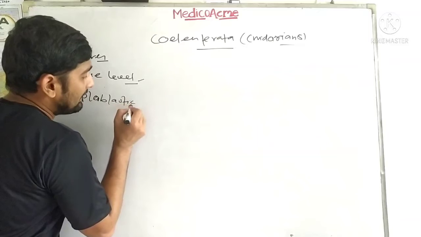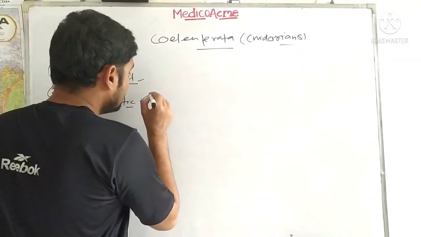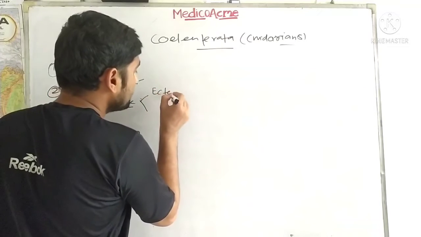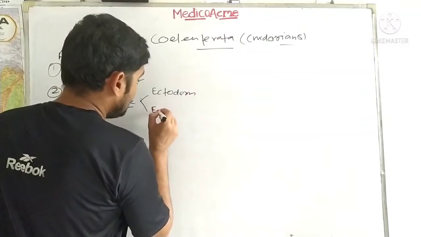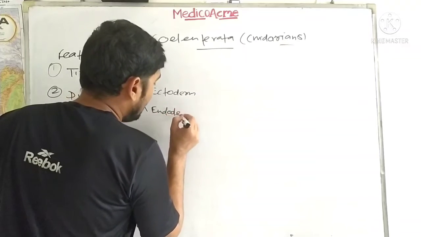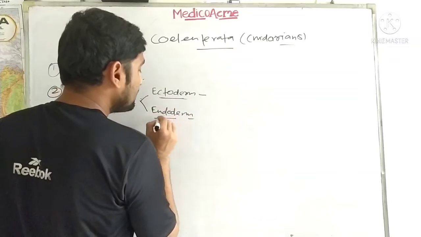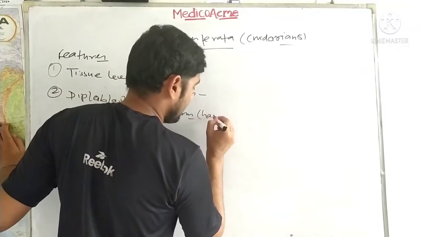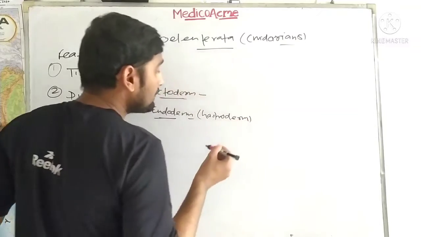If it is diploblastic, that means the germ layers are divided into two layers, that is the ectoderm and the endoderm. So guys, the ectoderm is the outer layer, and the endoderm is the gastral layer, or you can say gastroderm.